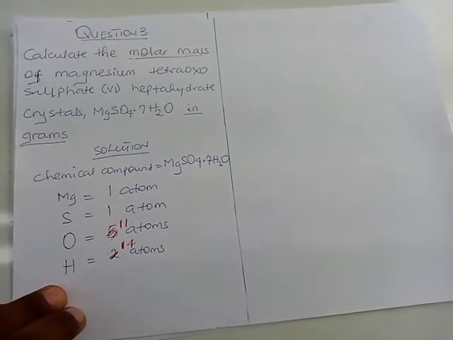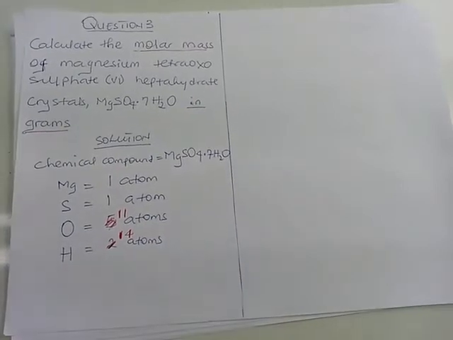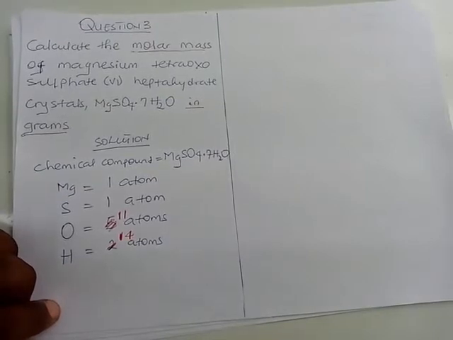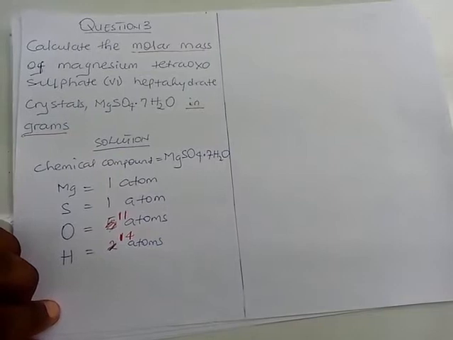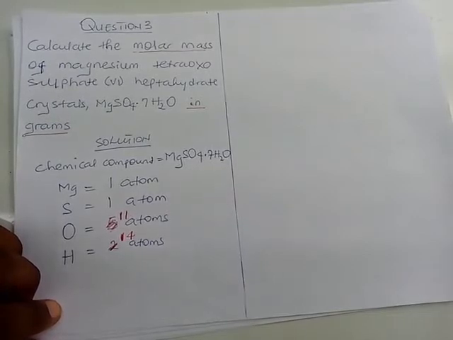Then the next thing we need to obtain is the relative atomic masses of each of the elements concerned. And for hydrogen, although it was not given to us, at this point I would like to say it's actually necessary that you have at least the relative atomic masses of the first 30 elements.